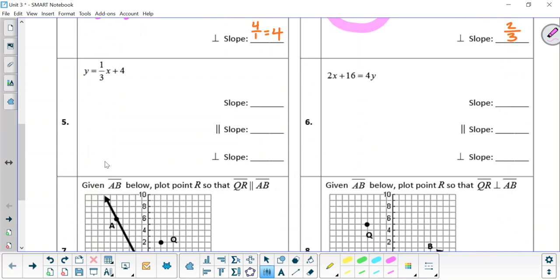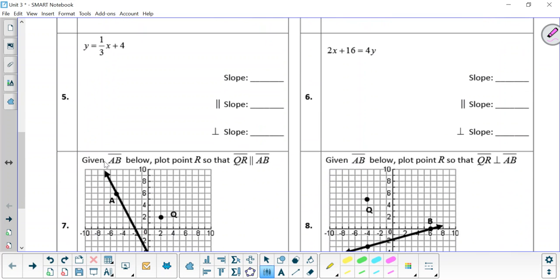All right, as we continue, now 5 and 6 don't have points, so we're using that other way, y equals mx plus b. The key is that you need it as y equals. So for number 5, we already have it as y equals. Perfect. So then we just have to look at our m. M is the number that's in front of the x.